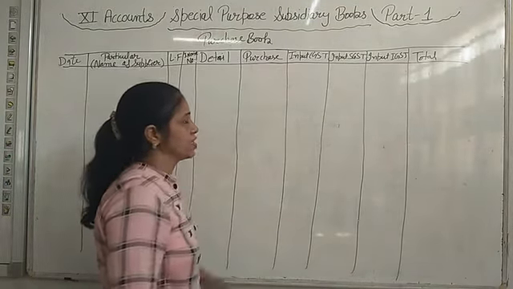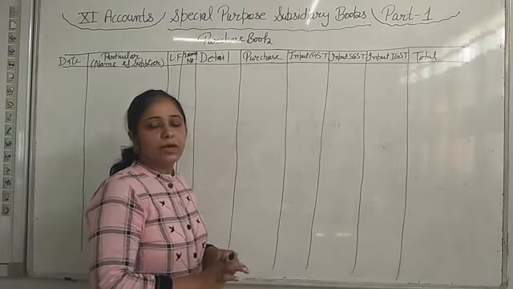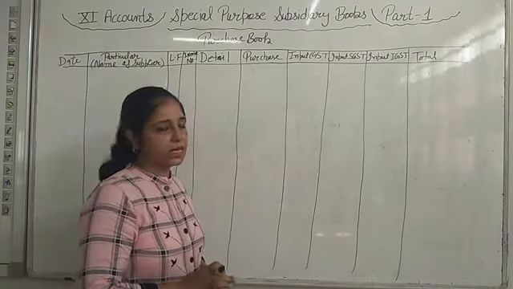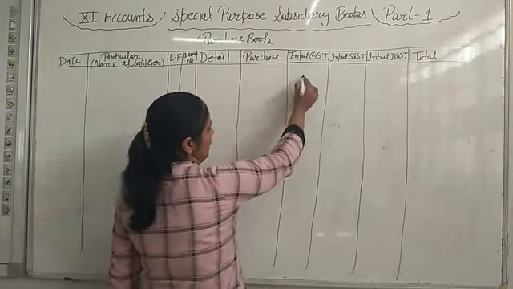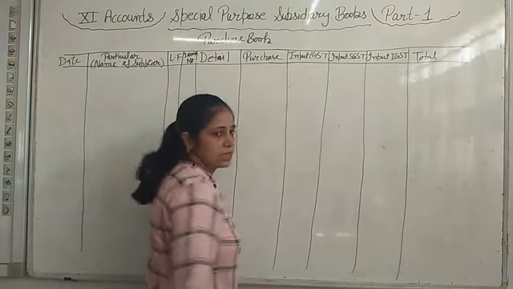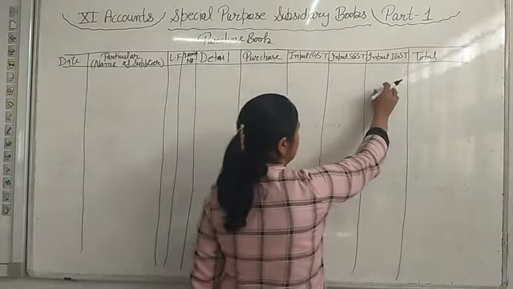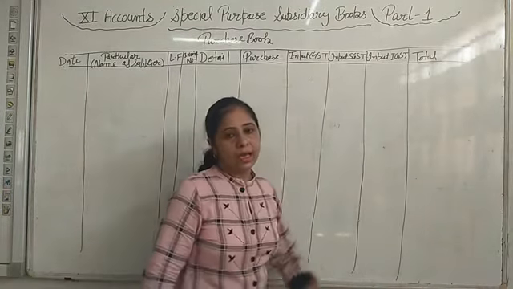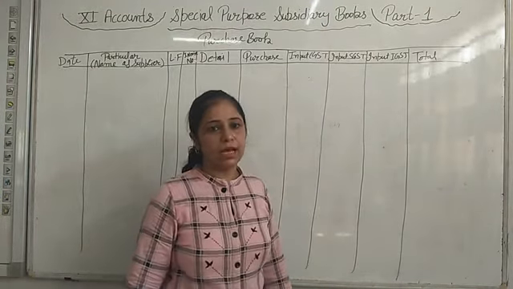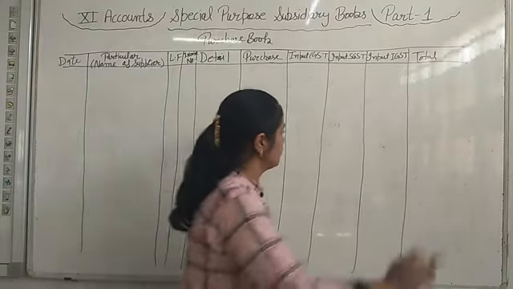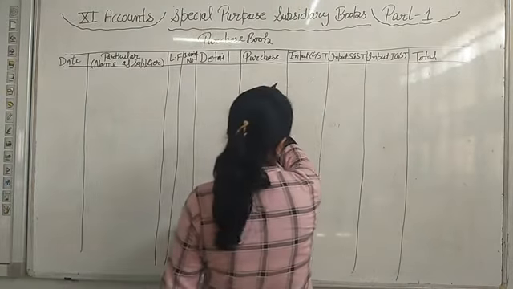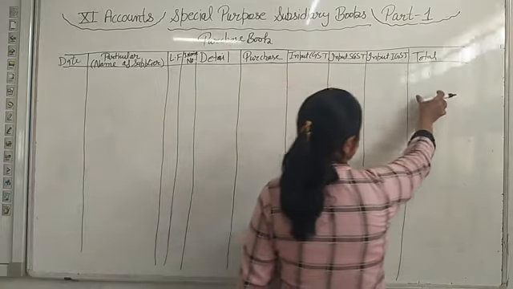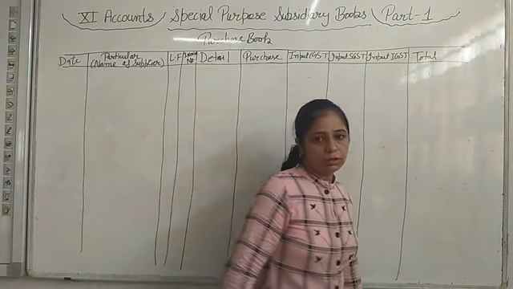If transactions are within the same state, then we will pay CGST and SGST. If transactions are from another state, then we will pay only IGST. That we have discussed in the GST chapter. After that, the total of purchase and GST we will write here.